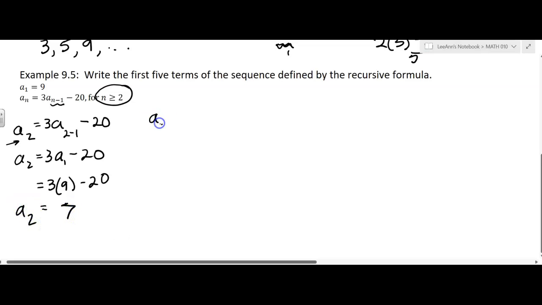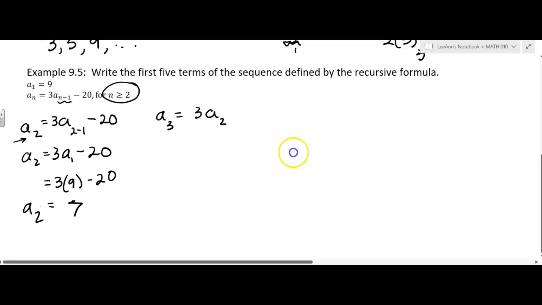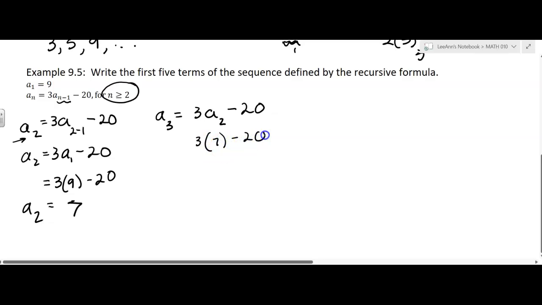All right, now we want to do a sub 3 because we've got to do 5 terms. So 1, 2, 3. It's going to be 3 times a sub 2, right? It's going to be the previous term because it says minus 1. Now, they could say minus 2, but they don't. It's usually minus 1. Now what was a sub 2? 7. So 21 minus 20, which is 1.